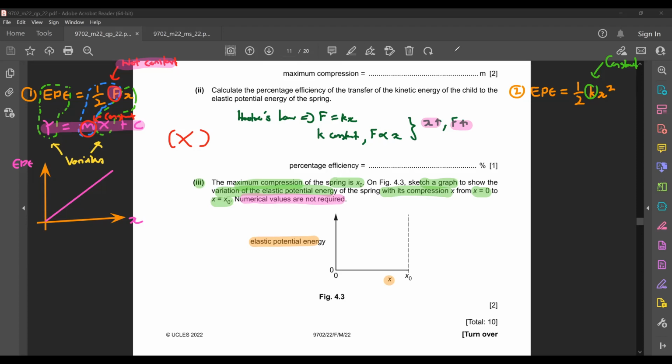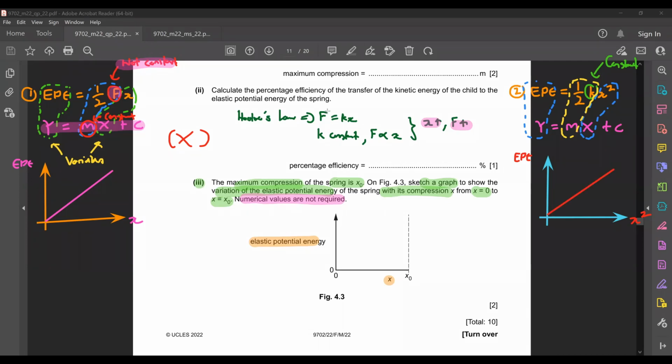So if we compare this with the equation of a straight line, y equals mx plus c, you could rightly say that the y-axis is my EPE, the x-axis is my compression squared, and lastly, my gradient is half k. So if you want to plot a graph of, say, EPE versus compression squared, you will get a straight line graph that passes through the origin.